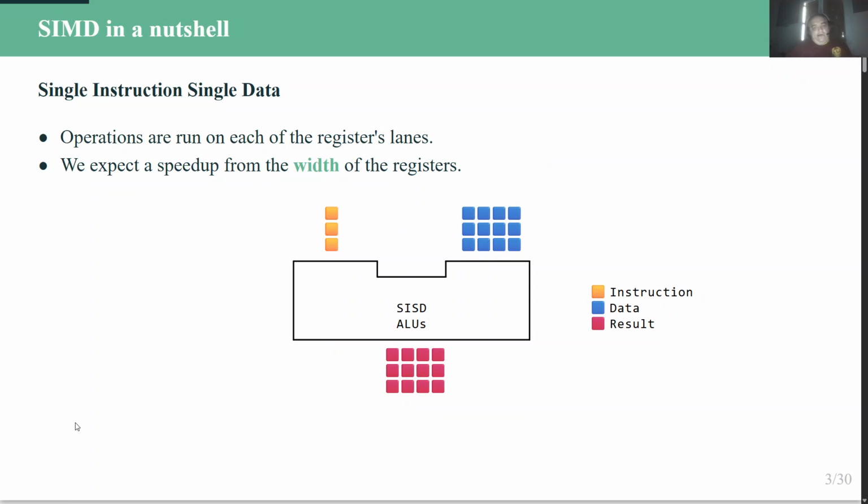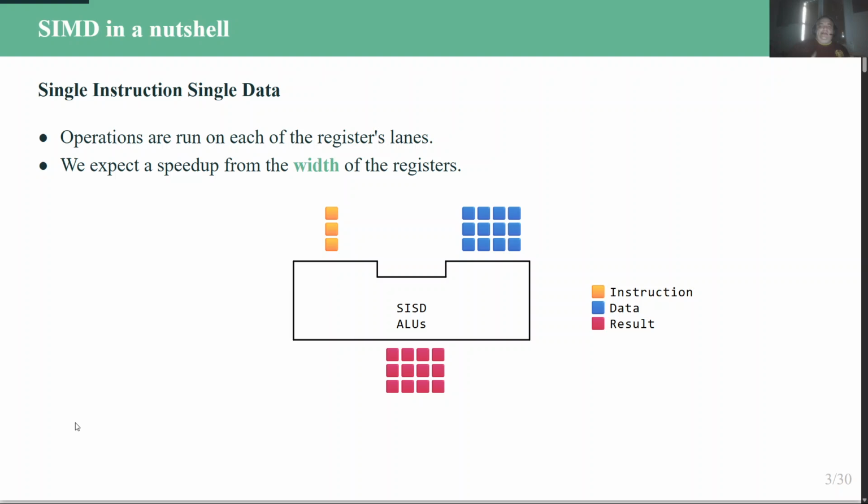We still have a single instruction stream, okay? But now the data stream is actually multiple values per instruction. They are usually stored into what we call wide registers. Those registers contain values in different lanes.